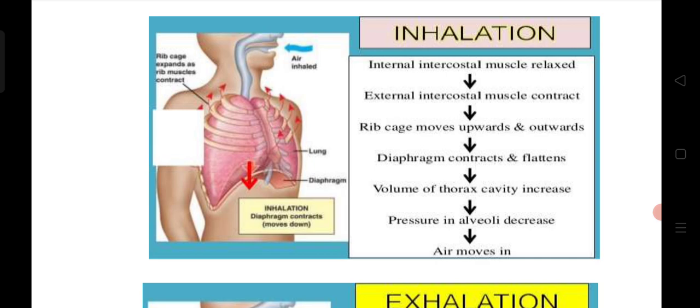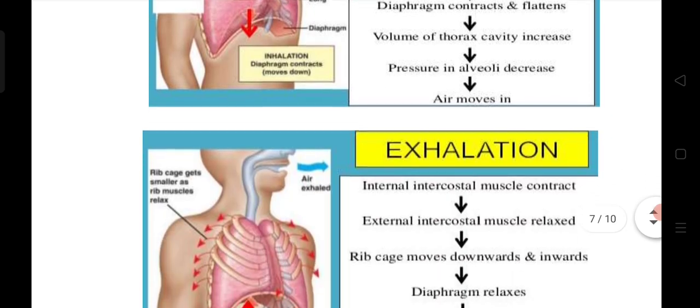When the volume of the thorax cavity increases, the pressure in the alveoli decreases, and due to this the air can easily pass inside the alveoli, right? So this is the process of inhalation, that is, the uptake of oxygen.